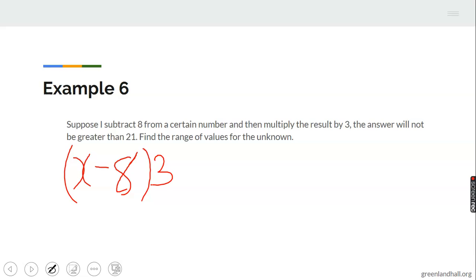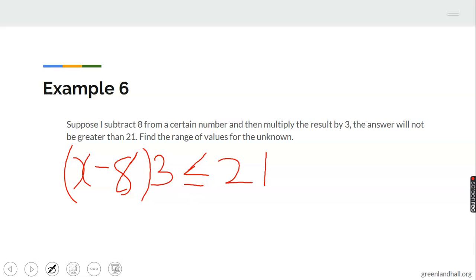That is, the answer cannot exceed 21. The answer will be less than 21, or the answer will be equal to 21. It cannot exceed 21, but it can be equal to 21.